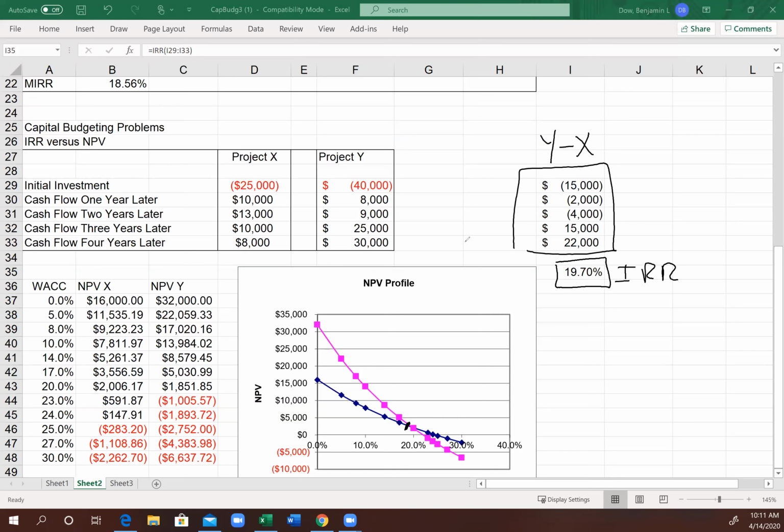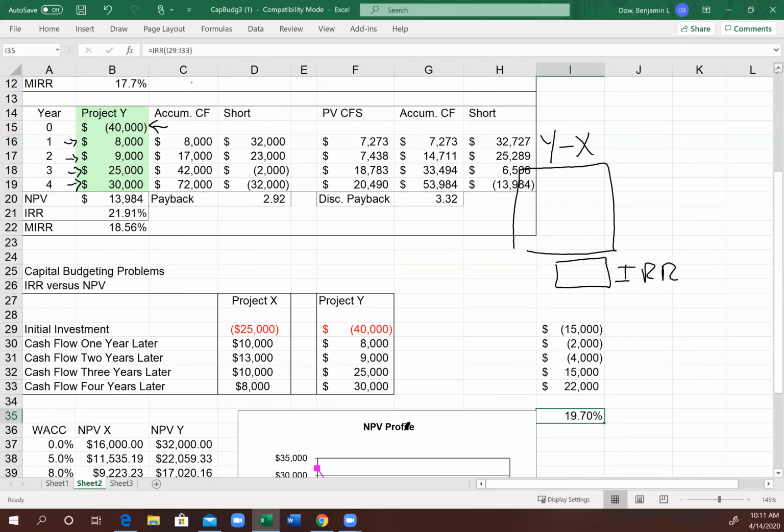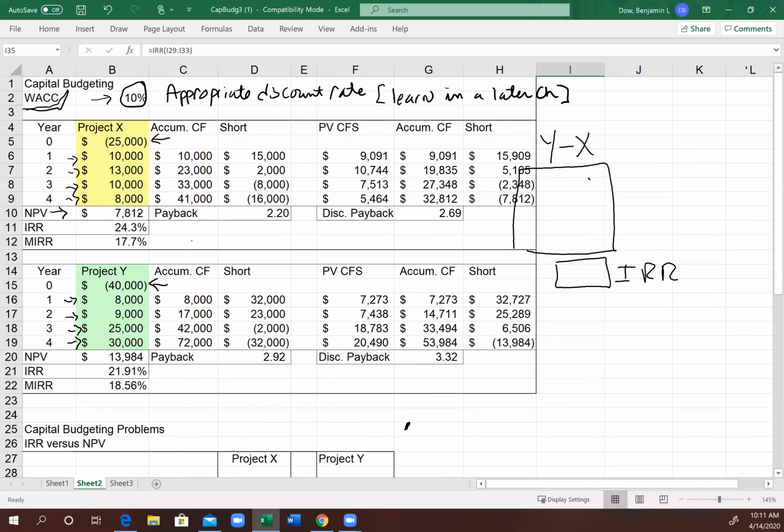Now, if we go back up top, and we say, hey, which of these projects is better, the end result, X or Y? Okay. And the answer is, I'm not sure. Okay.